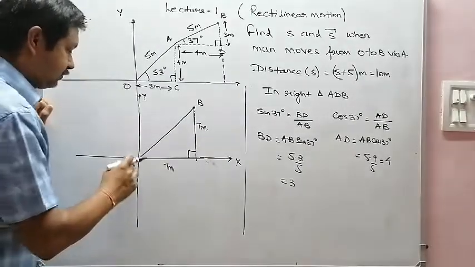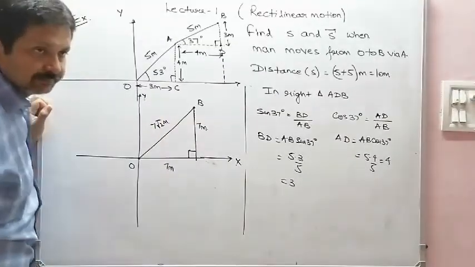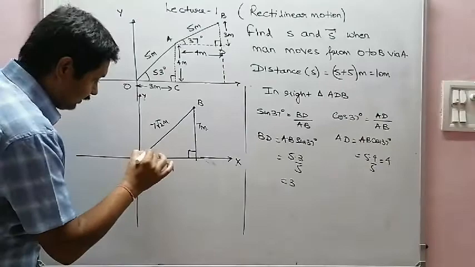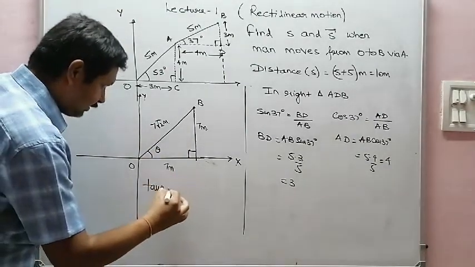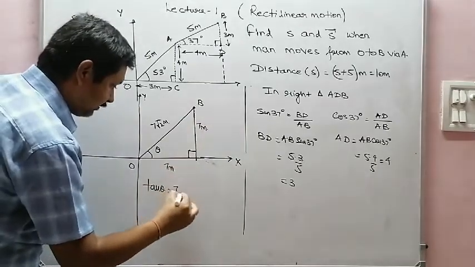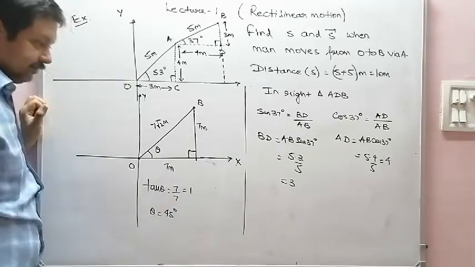From Pythagoras theorem, OB becomes 7 root 2 meter. Let this angle be theta. So tan theta is perpendicular by base, 7 by 7, that is 1, and theta becomes 45 degree.